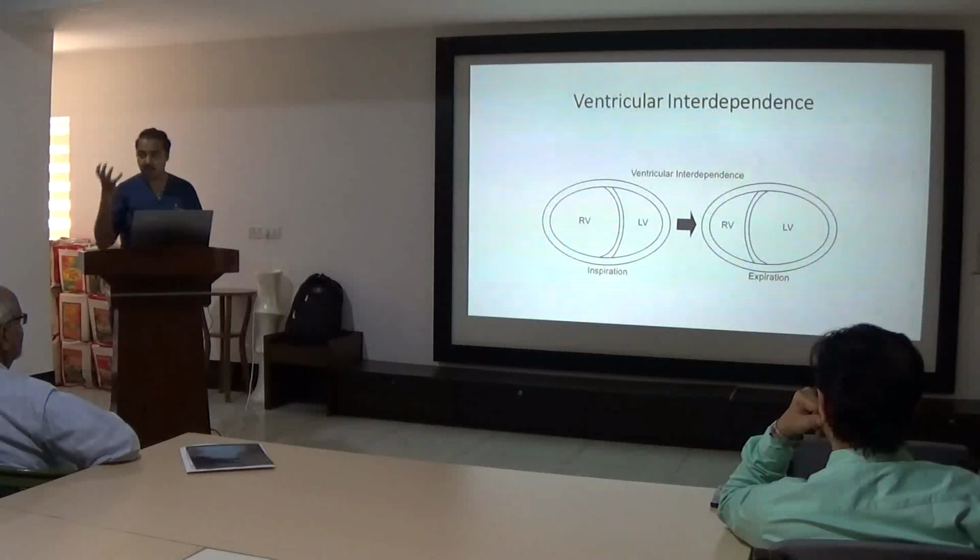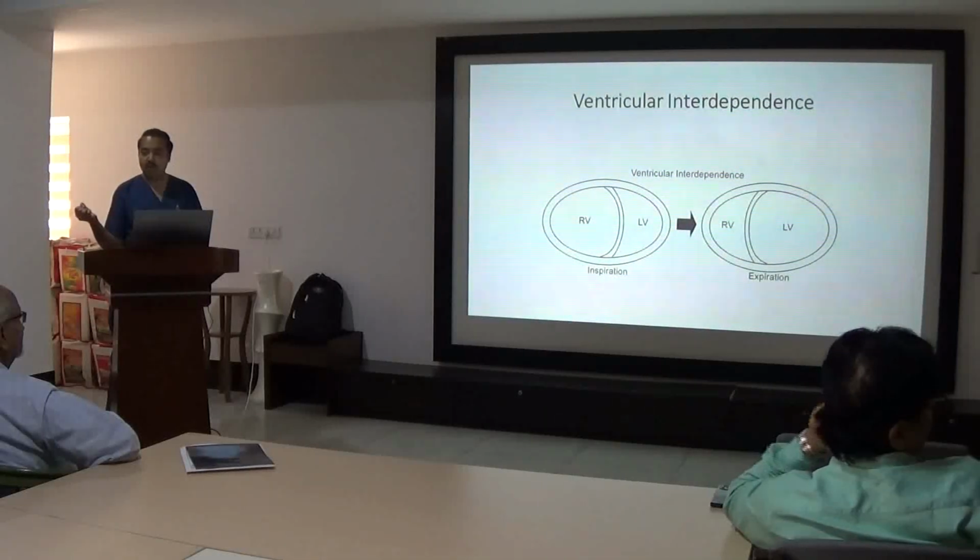Intrathoracic pressure will go negative. This negative intrathoracic pressure gets applied to the pulmonary veins, which are intrathoracic structures, and pulmonary veins are not covered by the thickened pericardium, so they can take negative pressure. So pulmonary venous pressure goes to the negative side, and because of that LA volume will decrease.